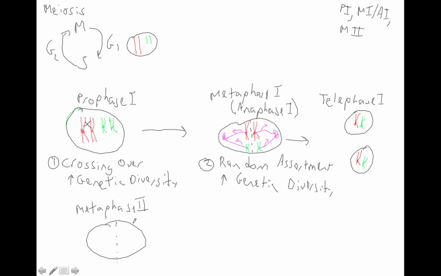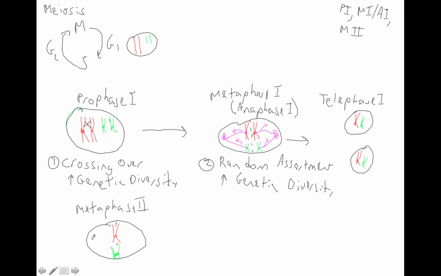Same thing with the green. So to accomplish this, one of the sister chromatids will be on this half of the center line, and the other will be on the other half. The same is true for the green ones. I should have drawn that closer, but they are still connected at their centromeres. Bad drawing on my part. But the key is that each of the sister chromatids are on the opposite side of this center line.